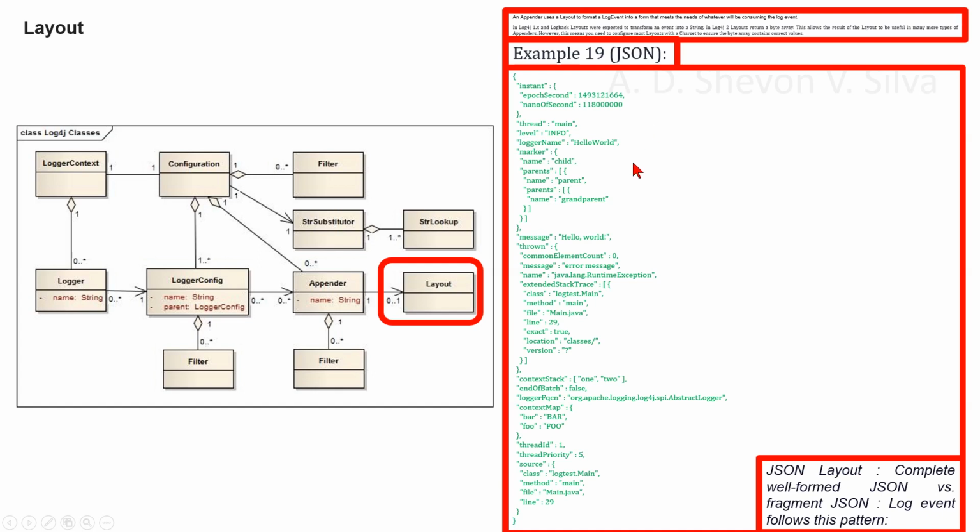The log event follows this pattern. If complete equals false, the appender does not write the JSON open array character at the start of the document, the closing square bracket at the end, and no comma between records.